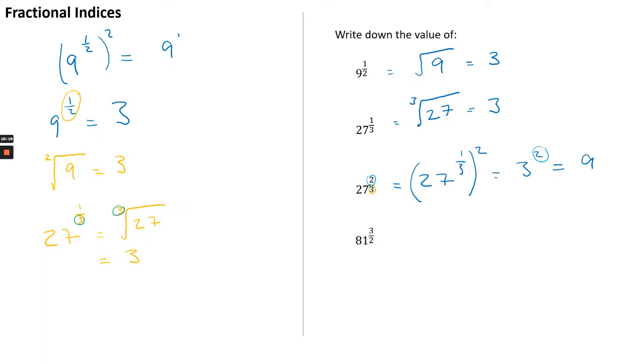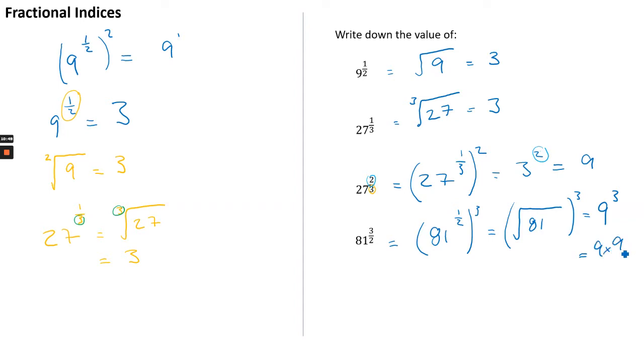So let's look at one more. 81 to the power of 3 over 2. That's going to be the same as 81 to the power of a half cubed. Let's do the bracket first. 81 to the power of a half is the square root of 81. The square root of 81 is 9. So I get 9 cubed.